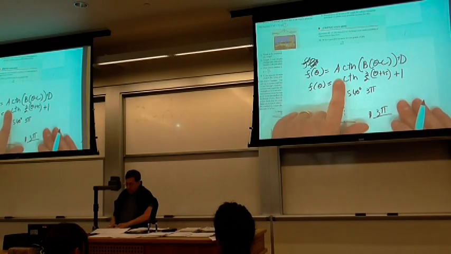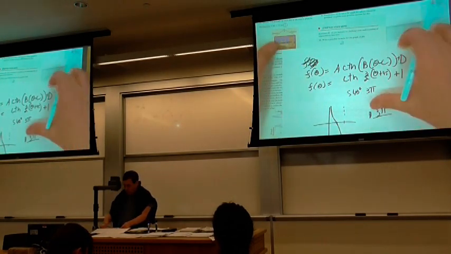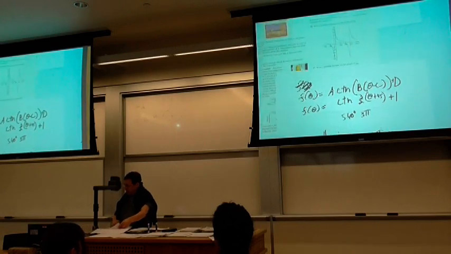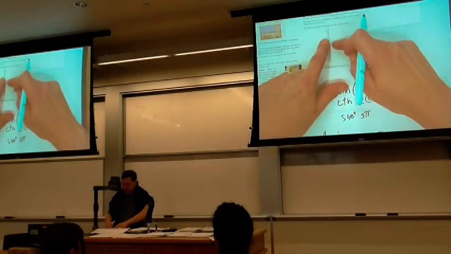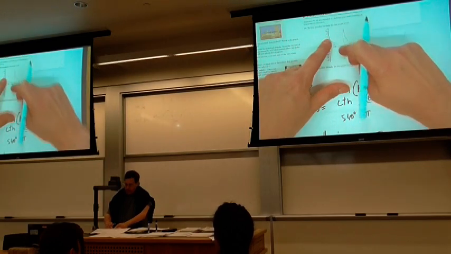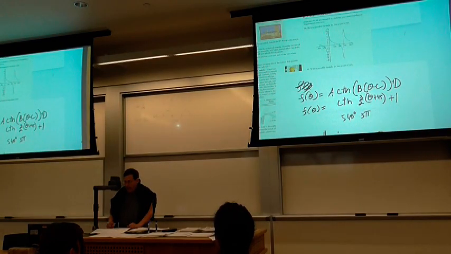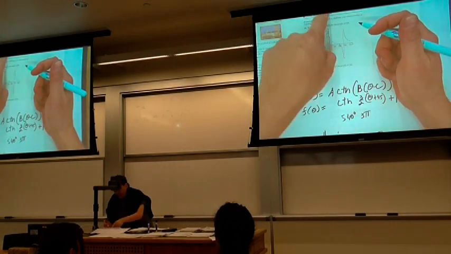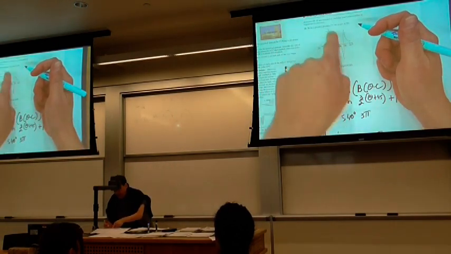Okay, so what I'm saying about this function is that the A is going to affect the shape of this curve. It could be steeper, it could be kind of flatter. And you should know that the bigger A is, the steeper it's going to be.